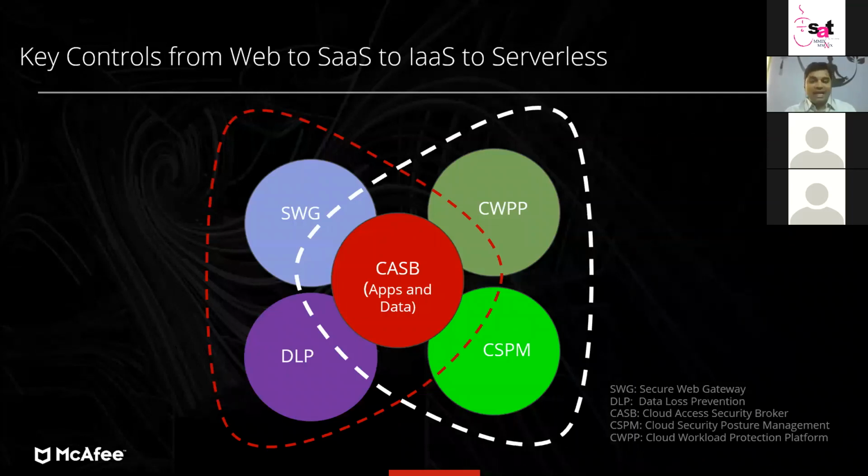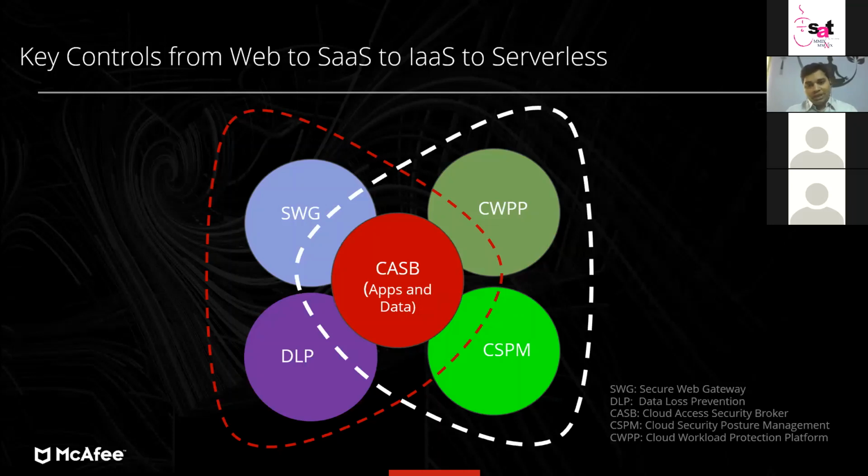Hence, we have tried combining all these use cases into a solution bundle called Unified Cloud Edge, a convergence of web proxy, data loss prevention for cloud and on-prem, workload protection in infrastructure as a service, cloud security posture management, and CASB to address all SaaS security, any collaboration happening internal or external, and any data download to unmanaged devices. So we put all of them together in a Unified Cloud Edge.